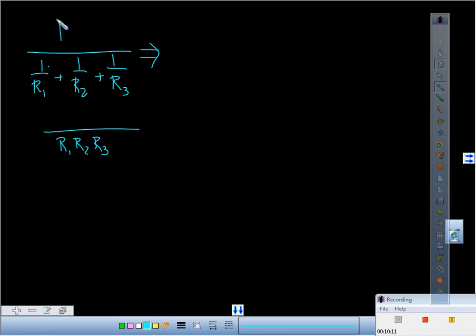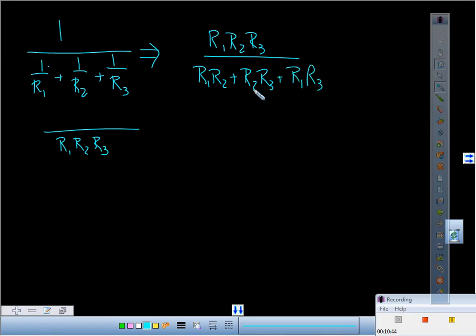And then all of that's under 1, so then you flip it and multiply, and guess what you get, people? R1, R2, R3 comes on the top, over R1 R2 plus R2 R3 plus R1 R3.